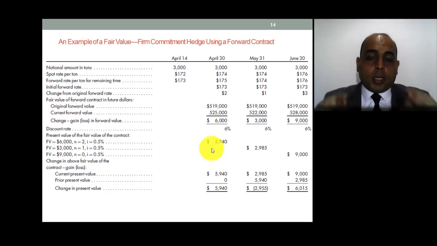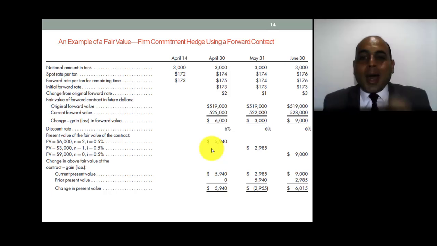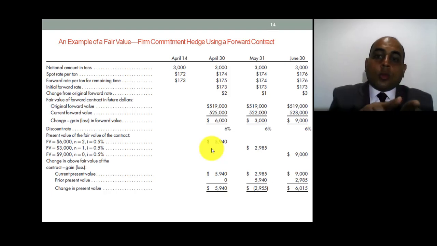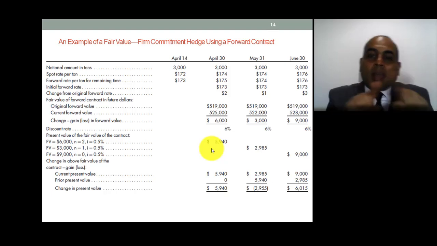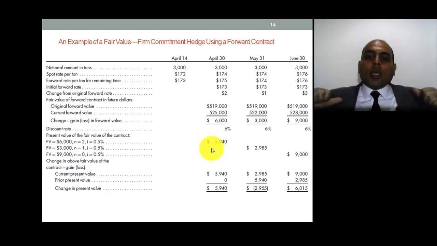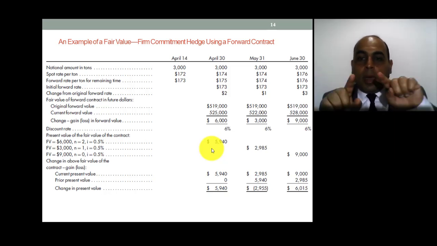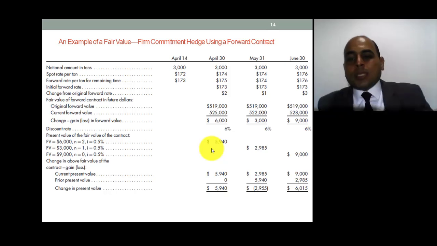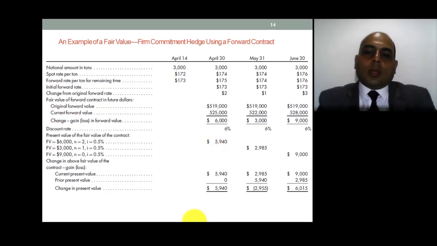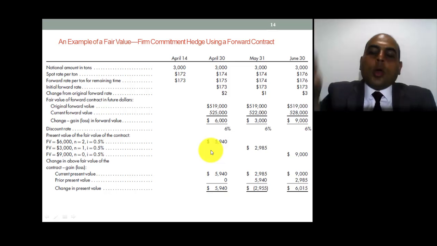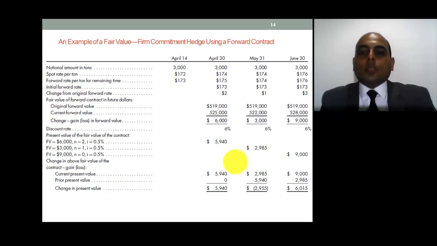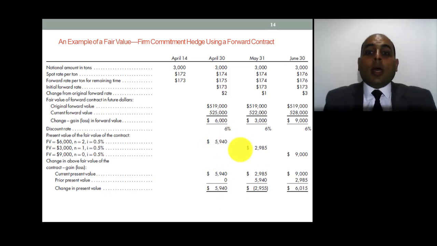In the market itself, when they price the futures contract, the differences from day to day are already considered, according to the present value. It means the price is the present value of the difference. But here, because we don't trade it in a regulated exchange, we have to calculate the present value.